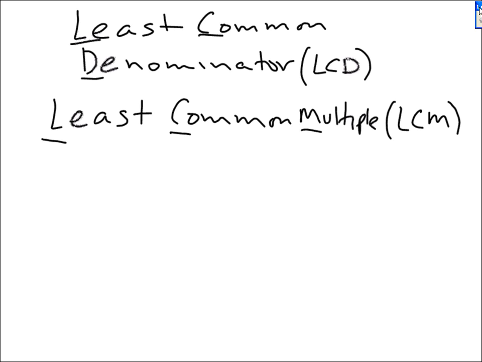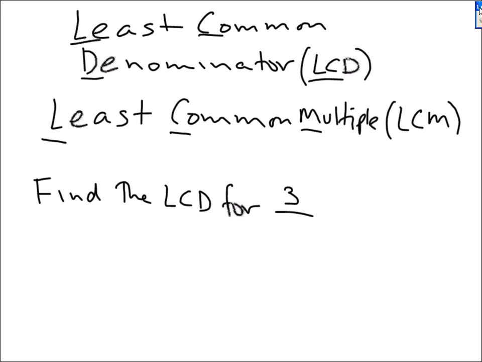Multiple kind of has the word multiply in it. So you need to multiply to find the LCM or the LCD. If you are asked to find the LCD for some problem, like 3 over 5 plus 2 over 7, what they are asking you is to find the least common multiple of the two denominators, assuming you can't reduce the fractions.